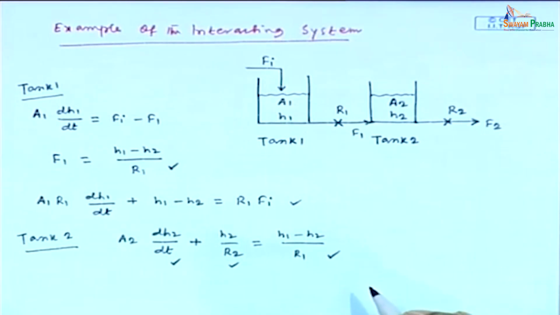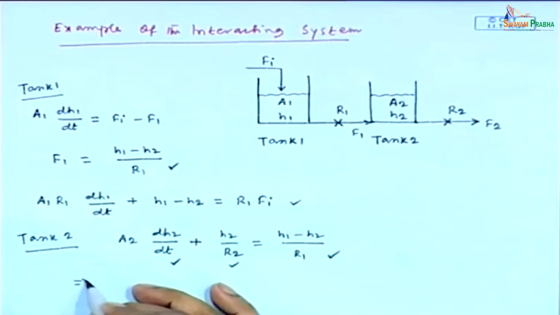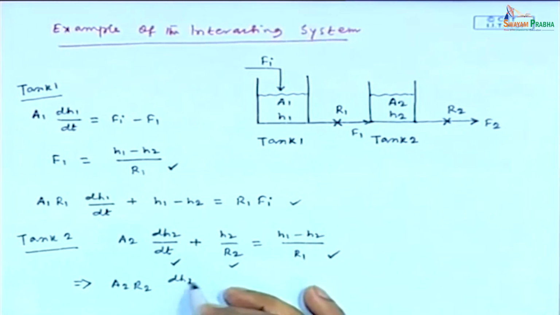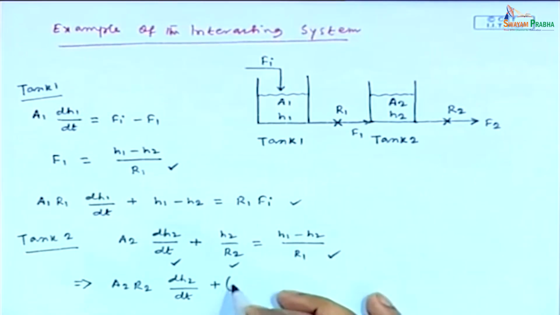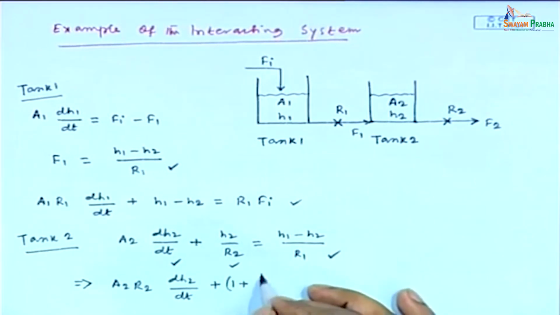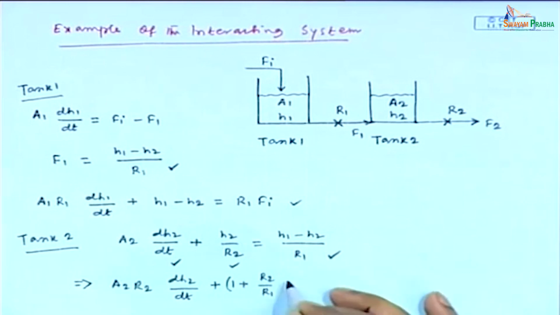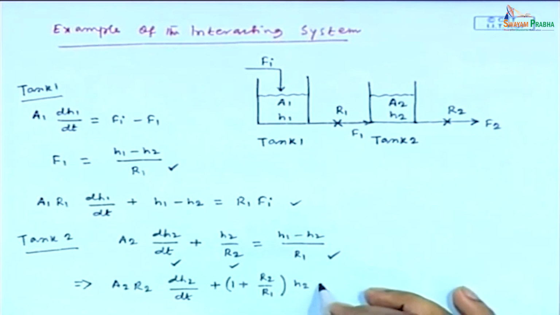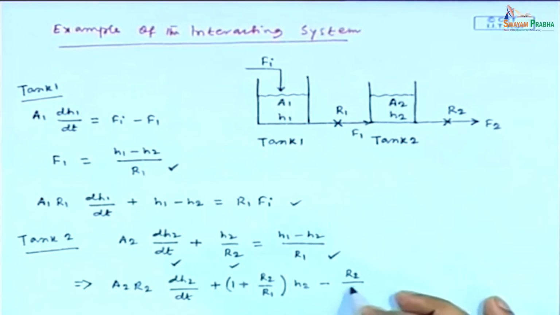terms of deviation variables. Anyway, before that we can rearrange this equation and we obtain A2 R2 dH2/dt plus (1 plus R2 divided by R1) H2 minus (R2 divided by R1) H1 equal to 0.